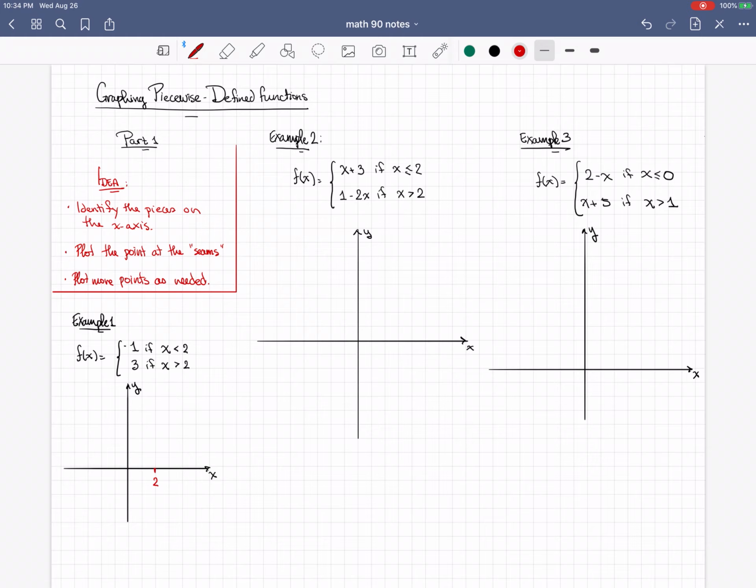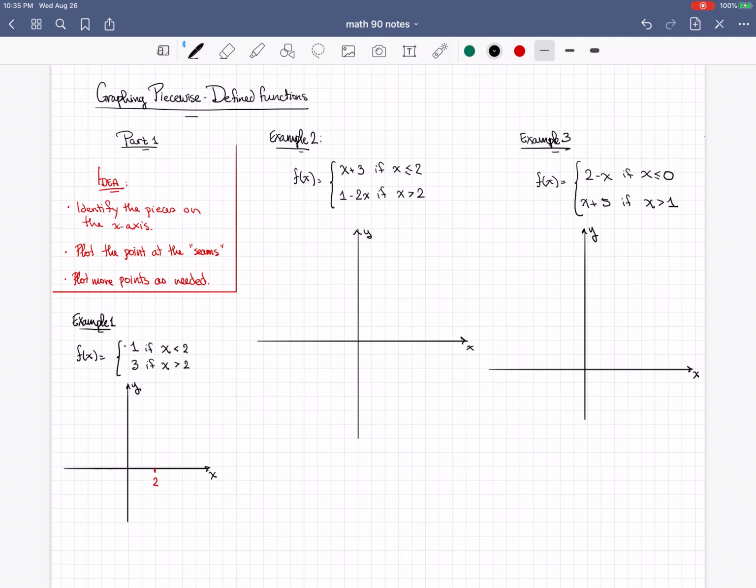You have one rule leading up to 2, so that's piece 1. And then you have another rule after 2, so that's piece 2. So now we've identified the pieces. It doesn't take very long. All right, now plot the point at the seams.